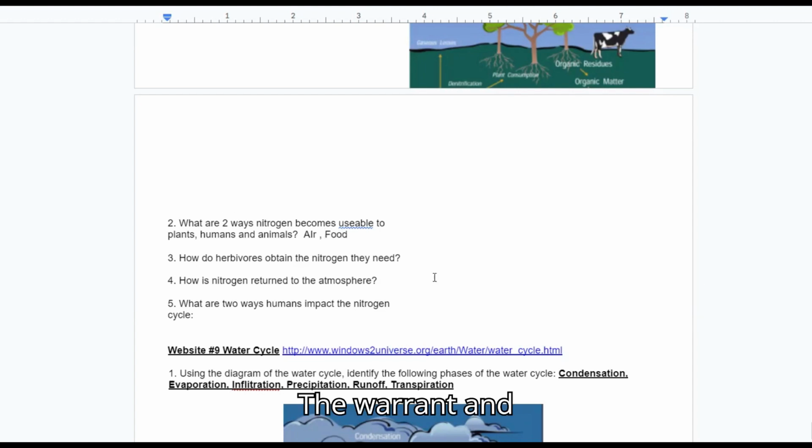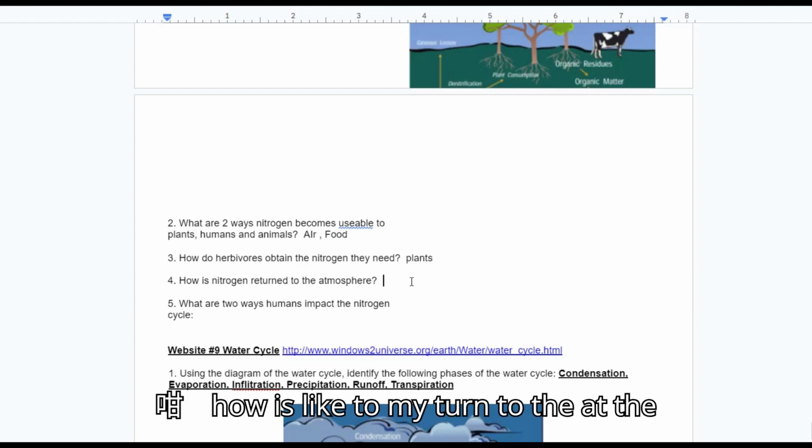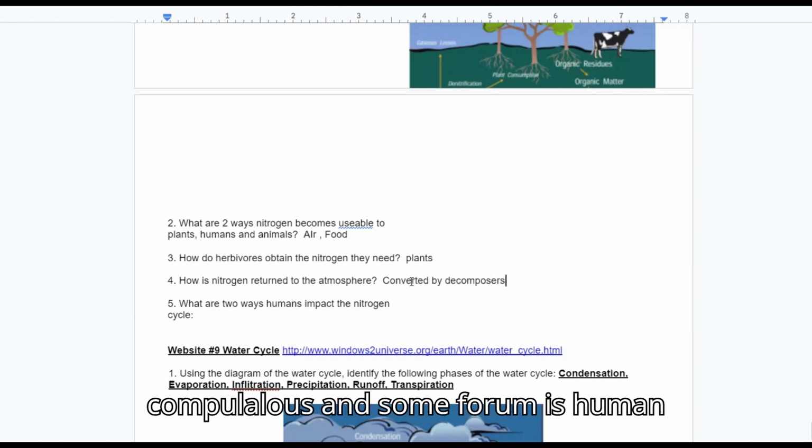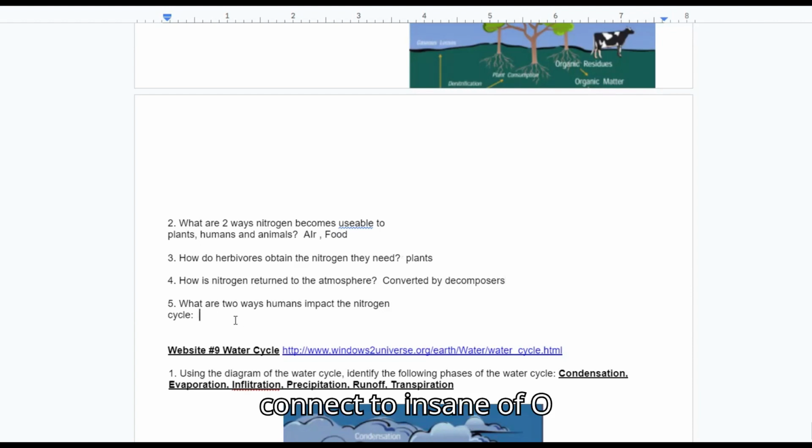All right, how do herbivores obtain the nitrogen they eat? Plants. How is nitrogen returned to the atmosphere? Okay, it is converted by decomposers. That's why they're so important. All right, what are two ways humans impact the nitrogen cycle?